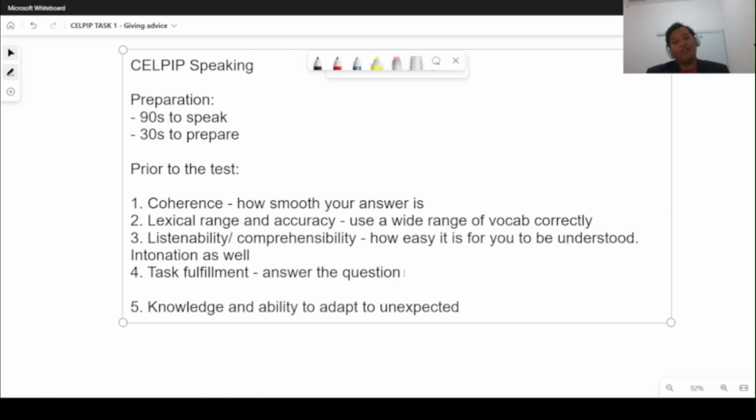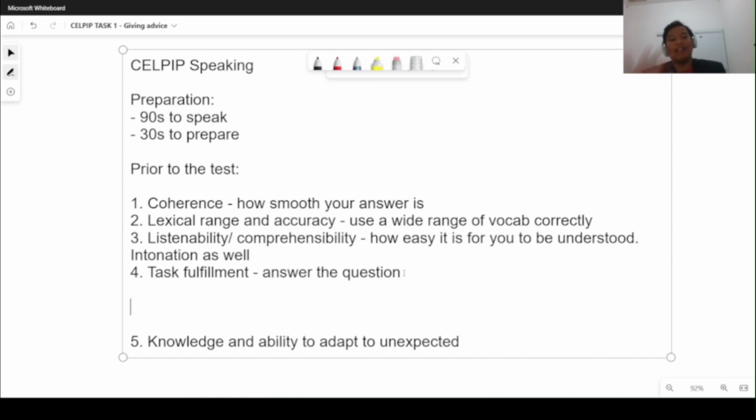Okay, and then I do have one more thing. But those are the four categories that you need to be always mindful of when you're answering self-pip speaking questions. Right? You have to make sure that you follow those because if you fulfill all those criteria, there is no doubt for the speaking section you will get a 10 at least, no lower, right?